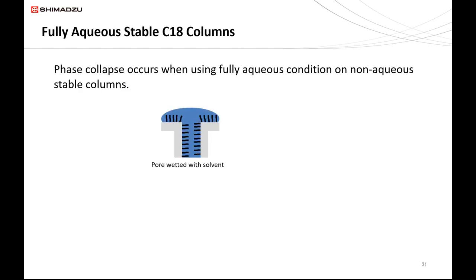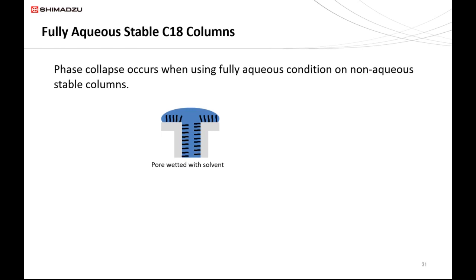Another property that you have to be very cautious of is aqueous stability, because not all C18 columns are stable under fully aqueous condition. A phenomenon called phase collapse can occur when using fully aqueous condition on a non-aqueous stable column.